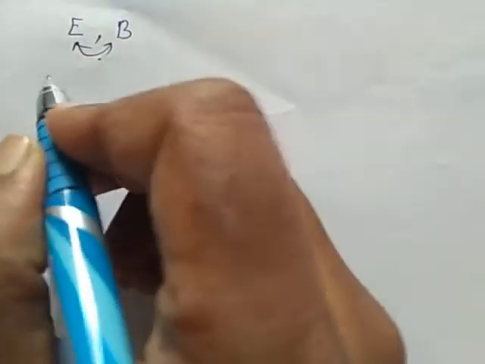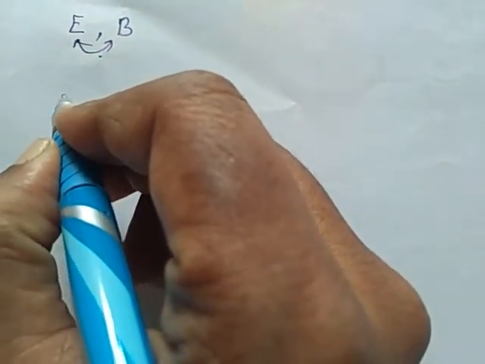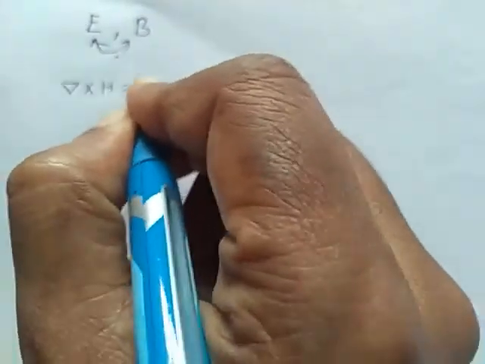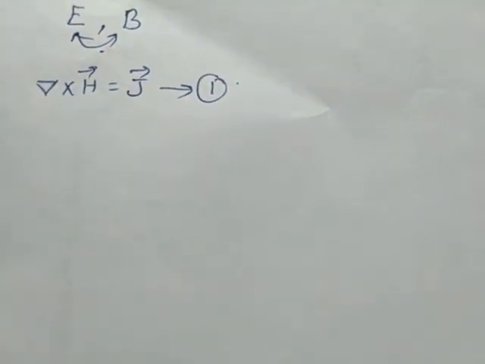Originally, Ampere's law in differential form is del cross H is equal to J. Current is expressed in terms of the curl of the magnetic field.